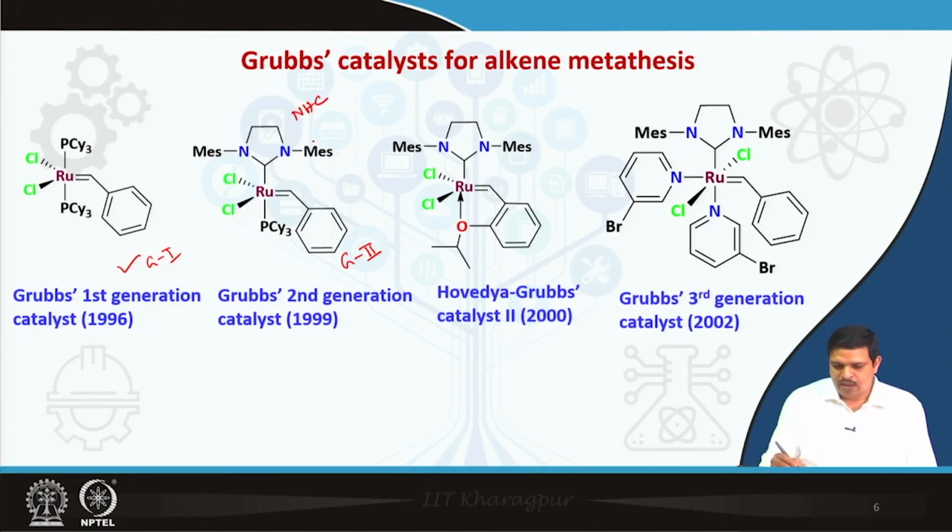This is the Grubbs third generation catalyst, also with an NHC, but here one cyclohexyl phosphine has been substituted by 3-bromopyridine. And this one is the Hoveyda-Grubbs catalyst, sometimes called simply GH.